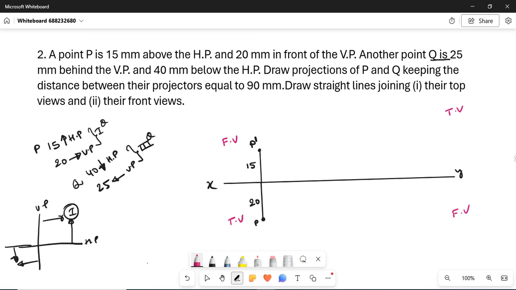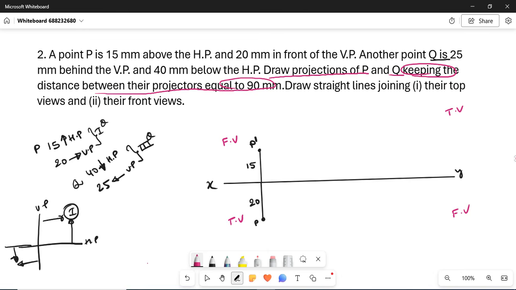But before marking the Q point, it was mentioned here: draw the projections of P and Q, keeping the distance between their projectors equal to 90 mm. So we have solved the P problem.